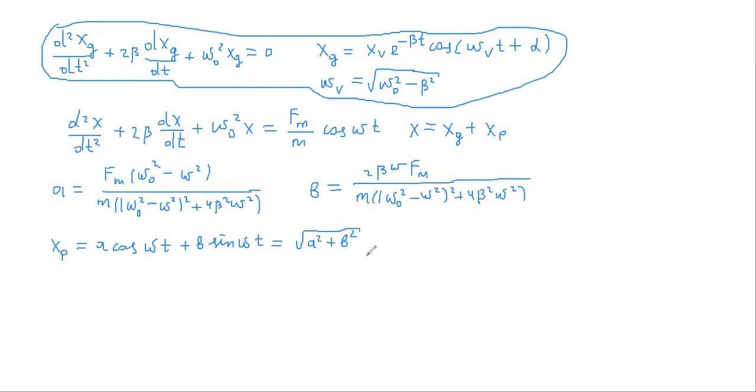And this is a divided by square root of a squared plus b squared, cosine omega t, plus b divided by square root of a squared plus b squared, sine omega t.